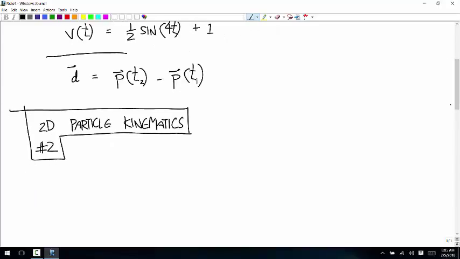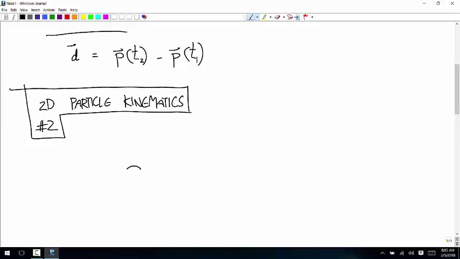Okay, so a helicopter is, this is how you draw a helicopter. And it's moving at an angle of 15 degrees above the horizontal with a speed of 20 meters per second.